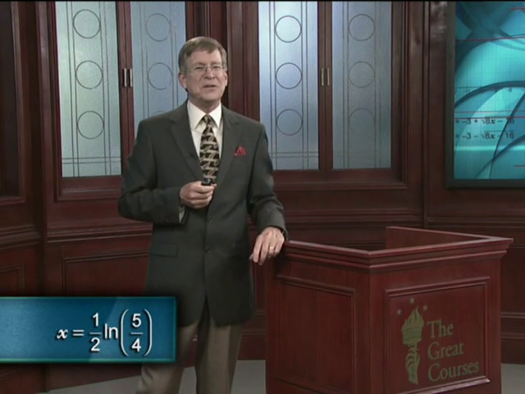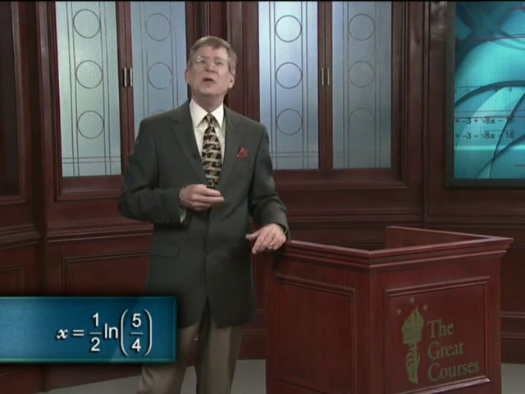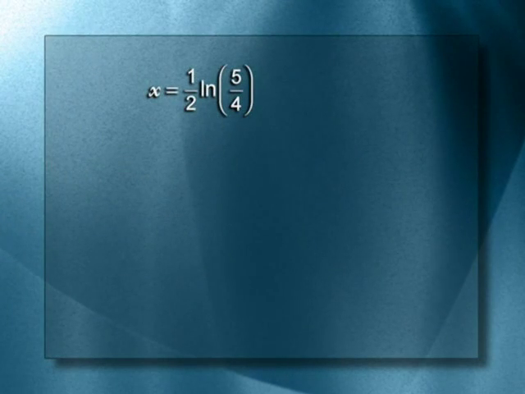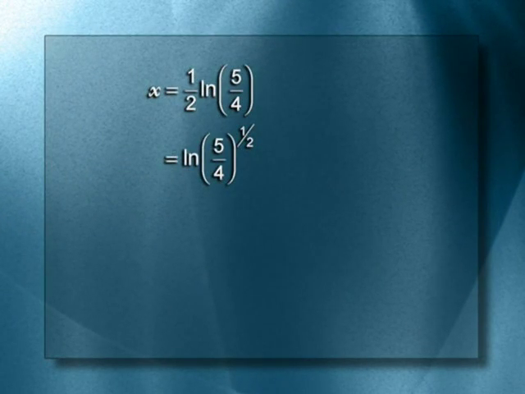Now, I've talked about this earlier, but it's worth repeating. There are many ways of writing the correct answer. I mean, look at this previous problem. The final answer was 1/2 log of the quotient 5/4. I can think of lots of ways of rewriting this answer. Here are a few of them. You could write it as log of 5/4 to the 1/2 power.